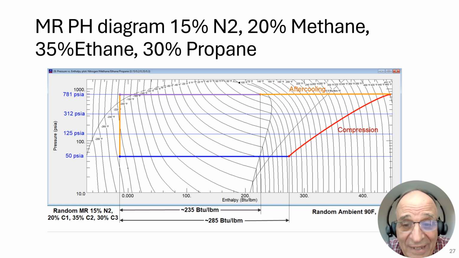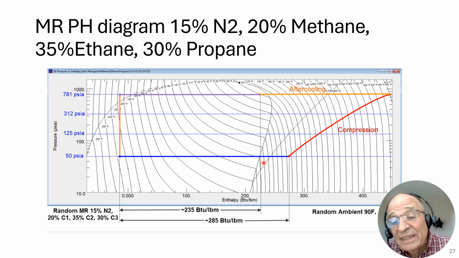And now, is it making it all with this chilling part? No. When this is extracting heat from here, it's also extracting heat from the LNG. All along this process, it's extracting heat from the LNG, or from the natural gas that's going to be made into LNG. And at the same time, at this point here, it's extracting heat from the MR that needs to be chilled.